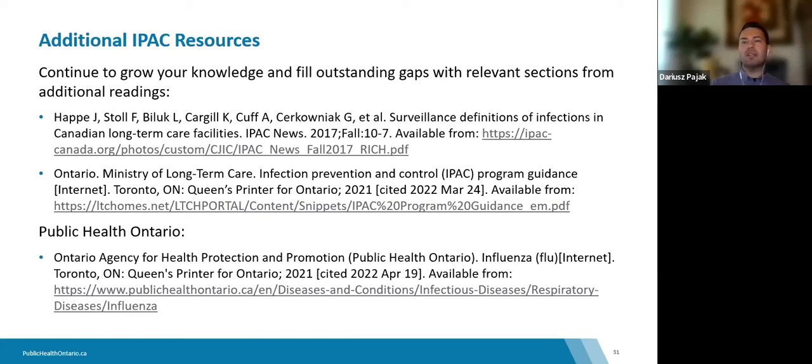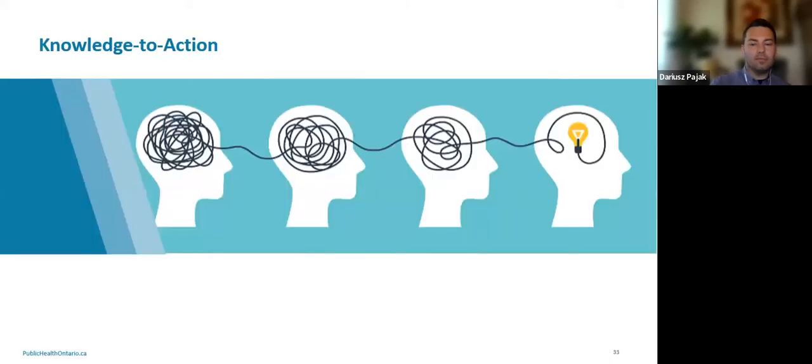This resource discusses requirements for surveillance programs. It's a good adjunct to the long-term care toolkit that I just talked about. It's important to use because, as IPAC leads, it's very important that you familiarize yourselves with the epidemiology of the various diseases that are circulating in the community, especially respiratory diseases such as influenza, so you are familiar with the various things that are out there and how they may affect your home.